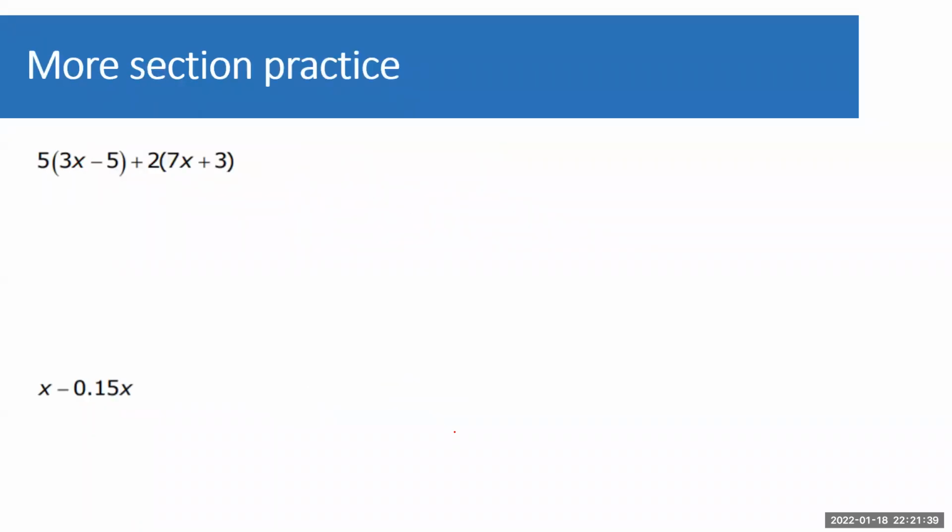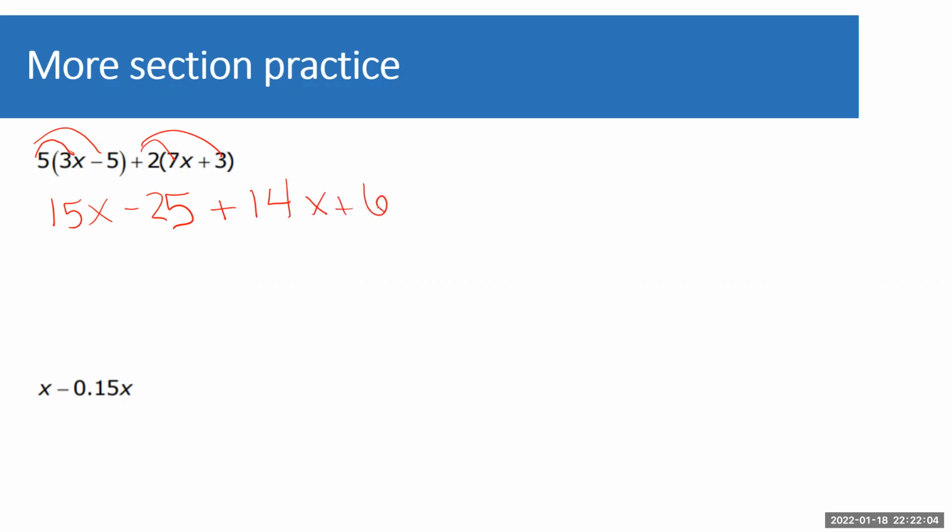Okay, let's get a little bit more practice. This is going to combine several things. Here, the first thing we want to do is distribute each of these. Okay, so 5 times 3x is going to be 15x minus 25. And then plus, we can distribute this, 14x plus 6.